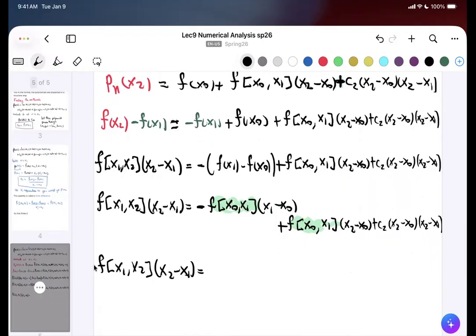If you factor it, you get f of x0, x1 times, because there is a minus here, negative x1 plus x0, and the other one is plus x2 minus x0. And then the last one is C2 times x2 minus x0 times x2 minus x1.